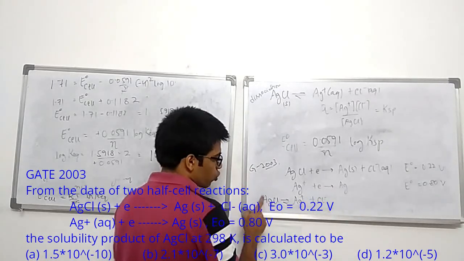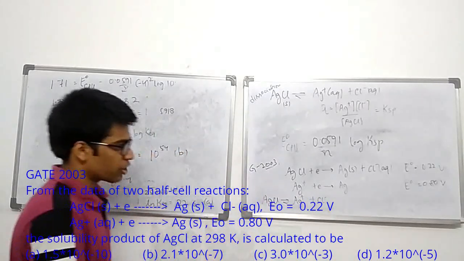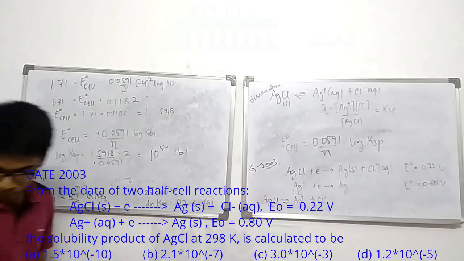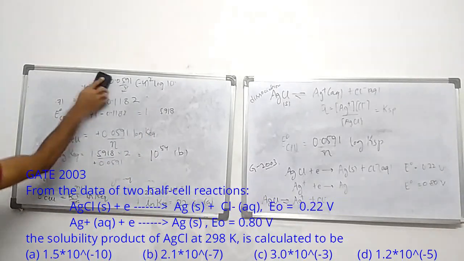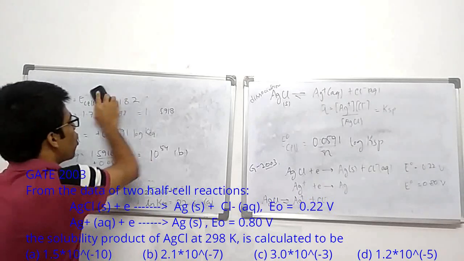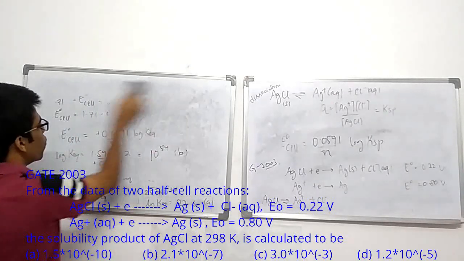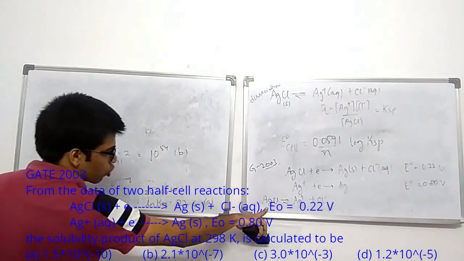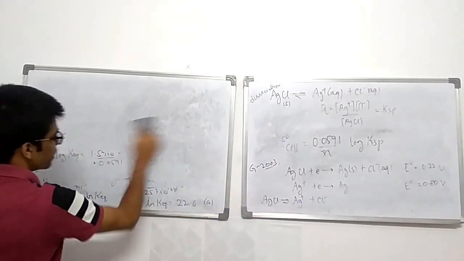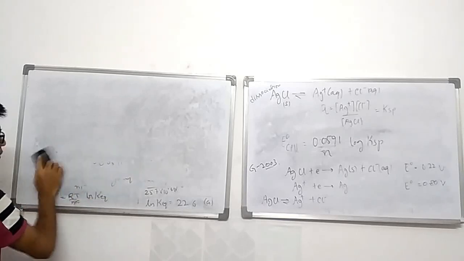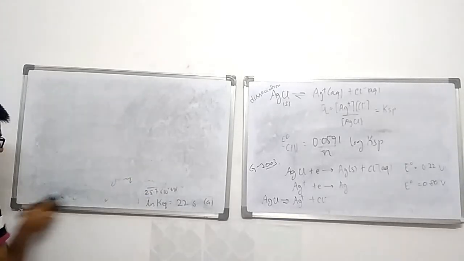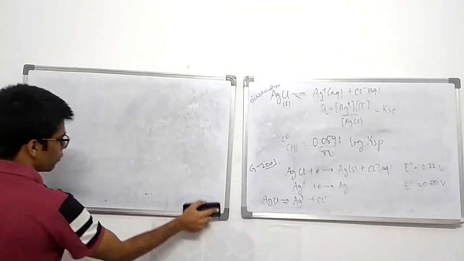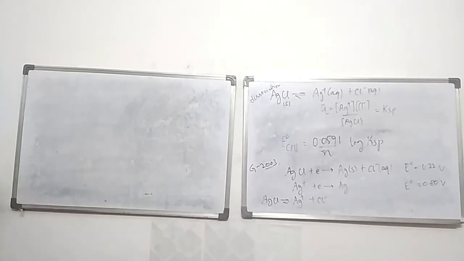So my motive is to get this as the net cell reaction from these two reactions. So how can I get that? Always see which is already present in my solubility product chemical reaction on the left side, that is AgCl. So what do we have?